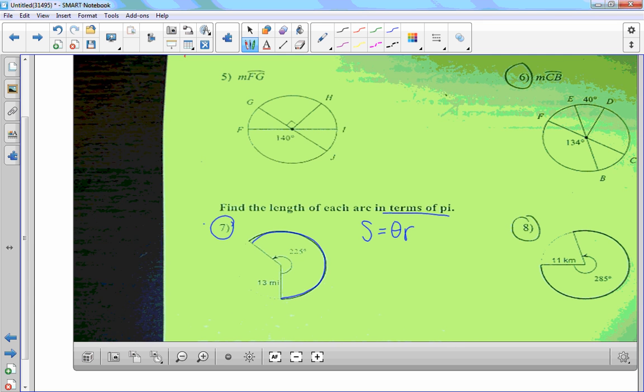Theta r. And theta has to be in which form? Radians. So we're looking from here to here. Do we know that central angle? Yeah, it's right there, 225 degrees. So we can transfer 225 degrees into radians. How do we change 225 degrees into radians?